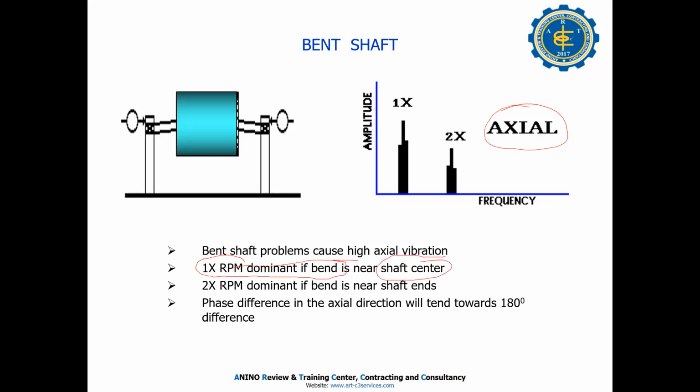Then two times RPM is dominant if the bend is near the shaft ends. So be careful when you collect the spectrum and collect the data.